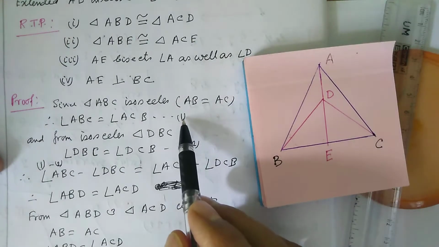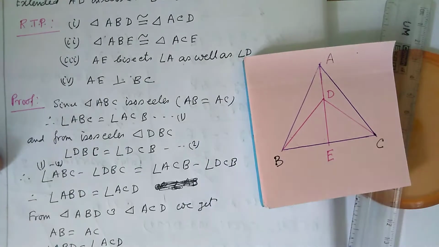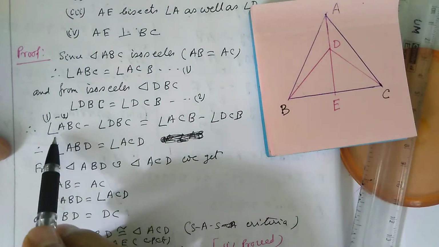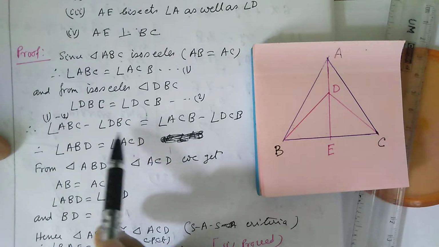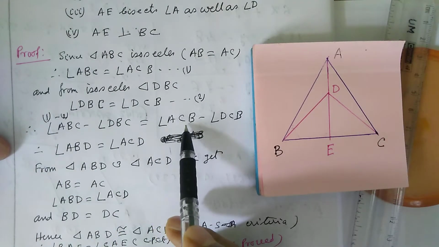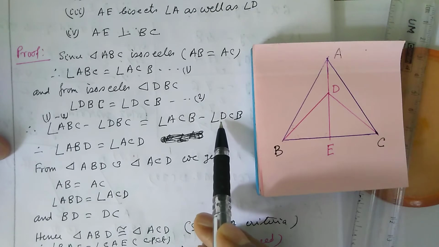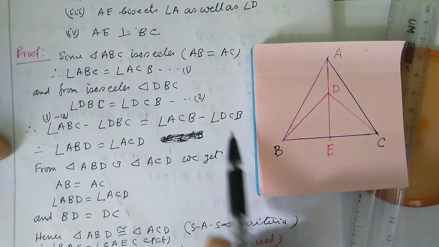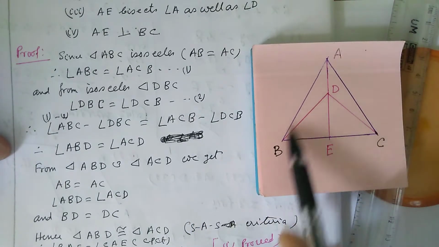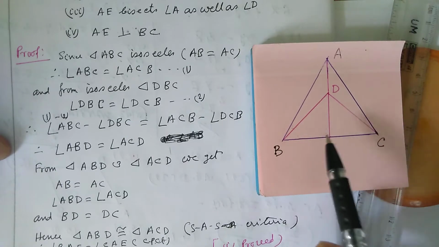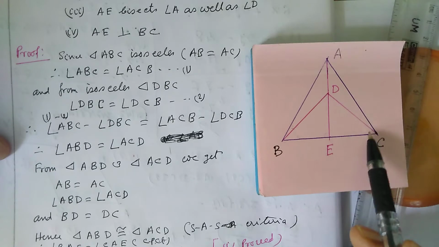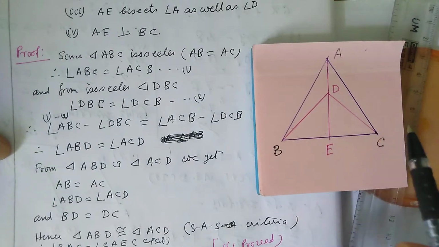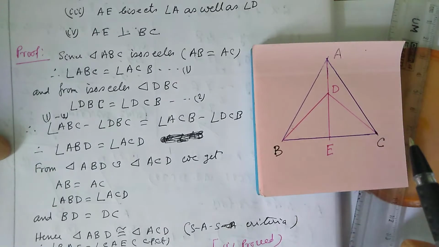If we subtract 2 from 1, we get angle ABC minus angle DBC equals angle ACB minus angle DCB. ABC minus DBC we get ABD, and ACB minus DCB we get ACD.